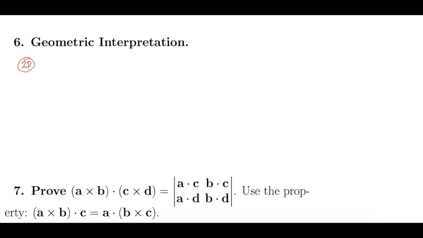For two-dimensional, we have this situation. We have a vector, let's say A is like this and B is like this.